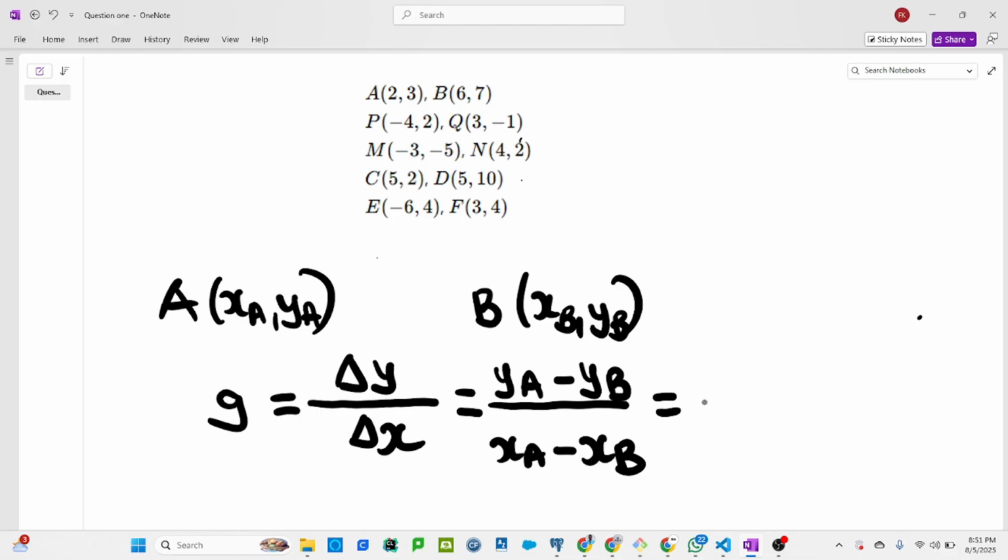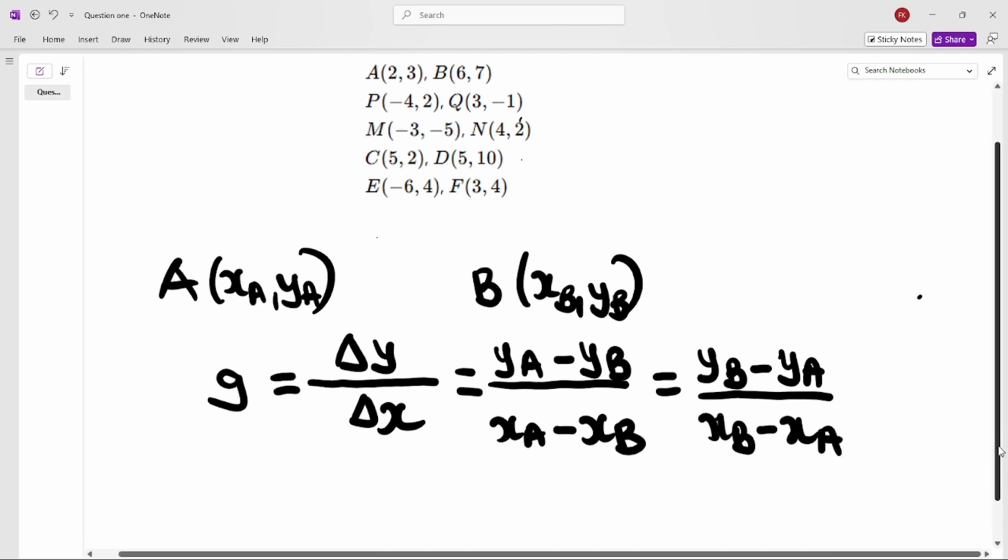You can also do y of b minus y of a, which means when you come down, it should also be x of b minus x of a. The one that you start with at the top should be the same one that you start with at the bottom. Are we clear on that? Yes, sir. Okay.